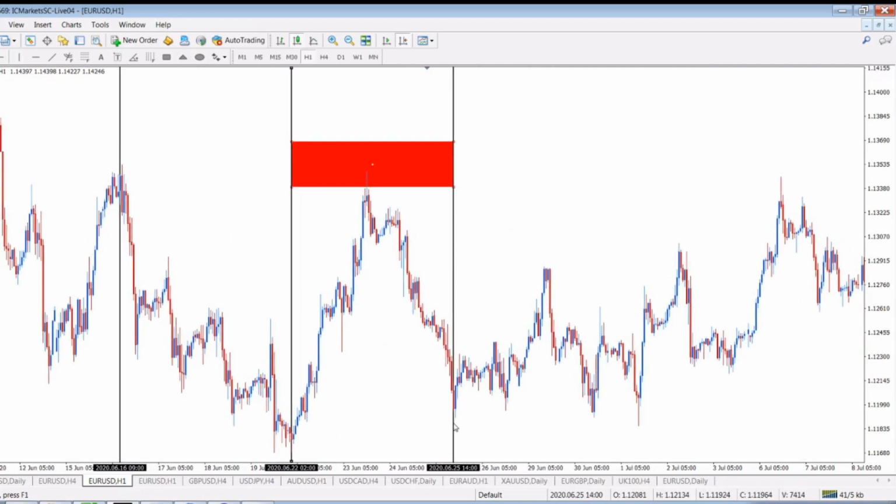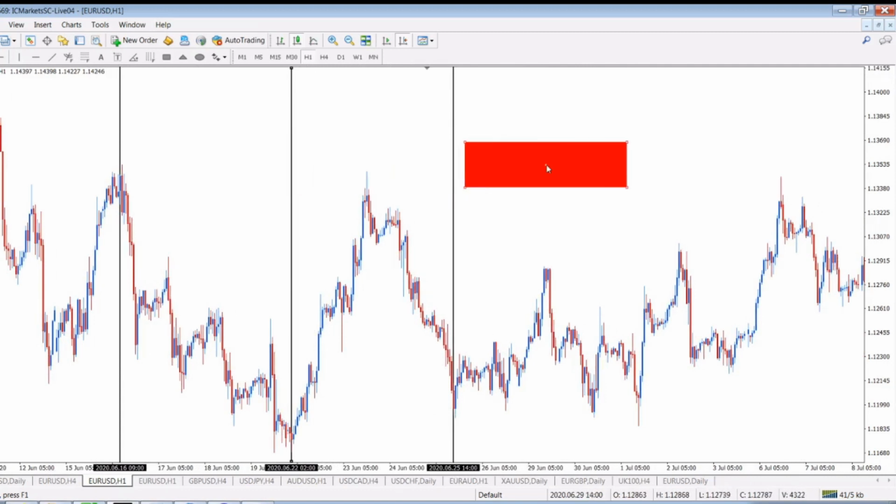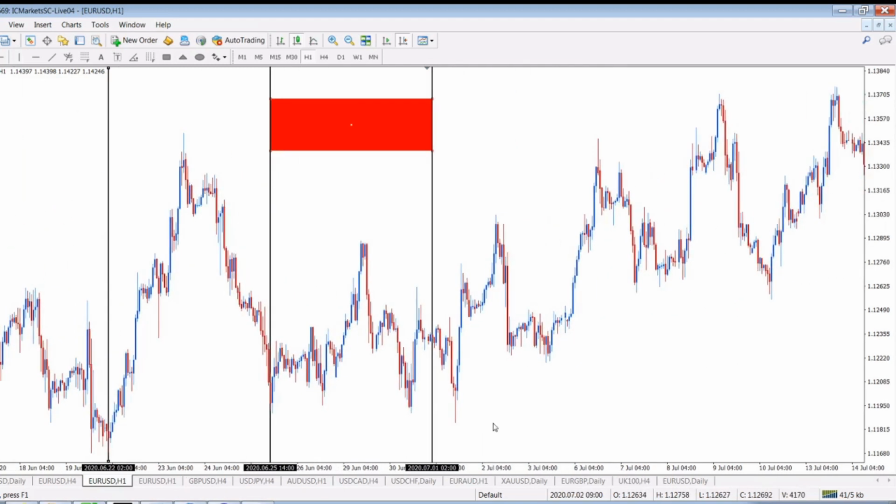So is there anything lower? No, the market started rising. Let's try another one. Another one is somewhere here, and let's see what's happening. It showed a local top. But again, there was a local top, but it wasn't an important one, I would say.